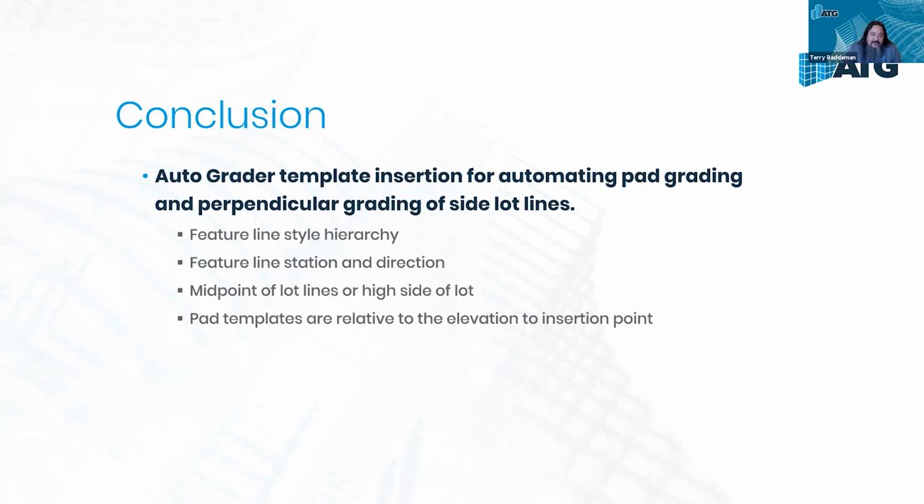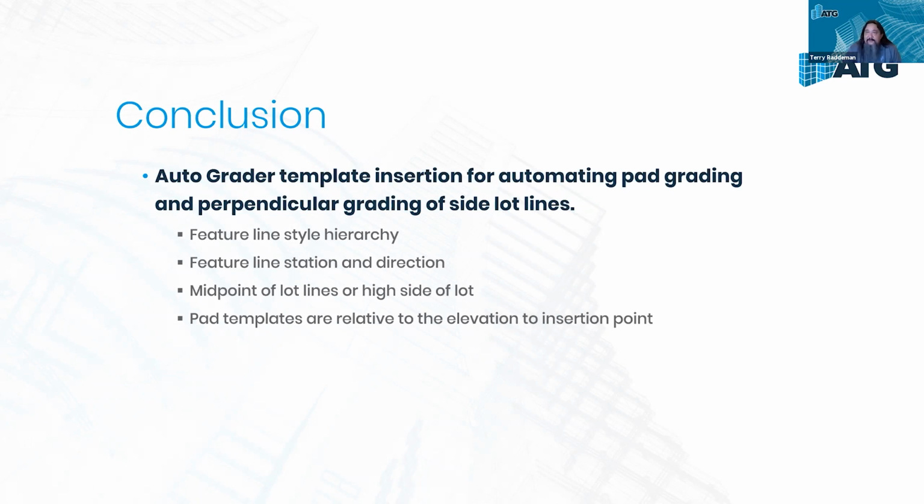Most of all, I think the ability to adapt to changes in your model, whether it's the elevation of your pads or the slope of your lots, is the key to AutoGrader: this dynamic ability to replace different feature lines along the right of way for the lot grading.